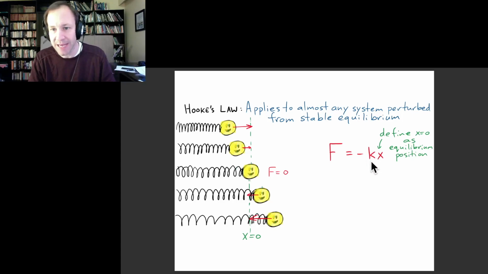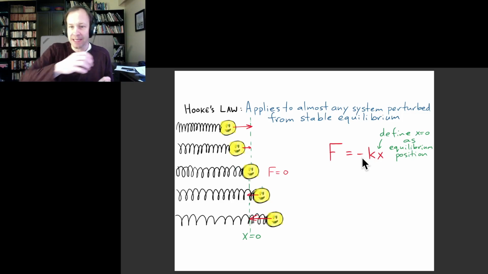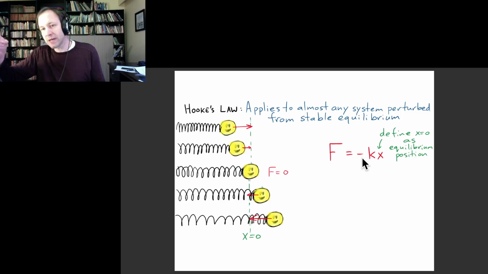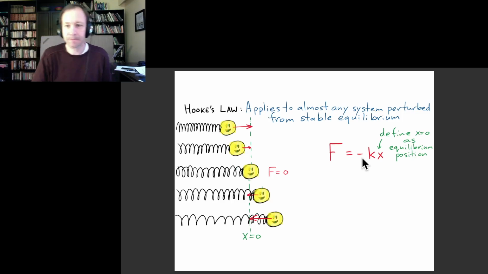That's going to depend on how stretchy or how stiff your spring is, for example. The minus sign here is going to tell us that it's a restoring force, meaning that if I displace the object one way, then the force is in the other way.